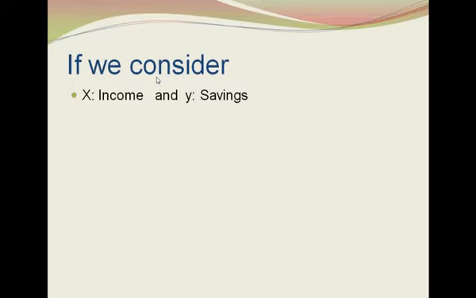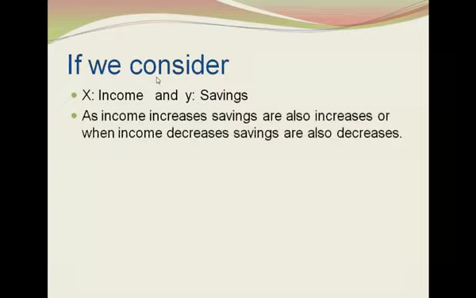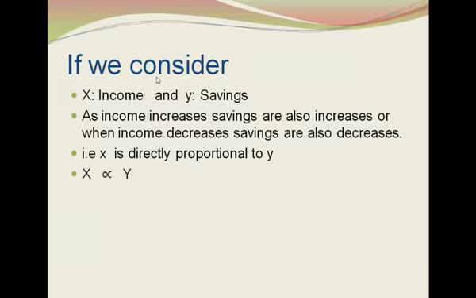If we consider the first example, income and savings, and denote income by X and savings by Y, we know that when income increases, savings also increase, or when income decreases, savings also decrease. That is, here X is directly proportional to Y, and mathematically it can be written as X ∝ Y. That middle symbol is used to denote directly proportional.